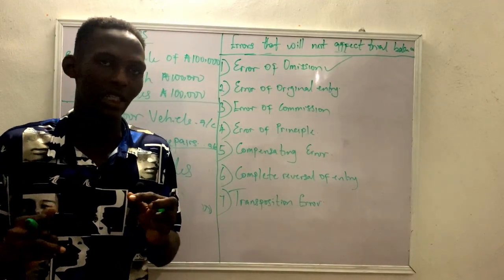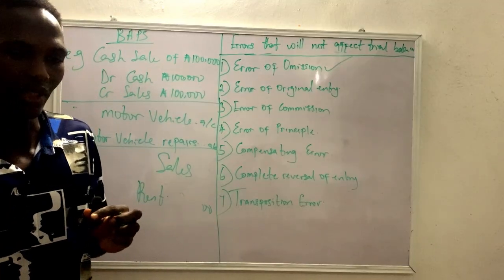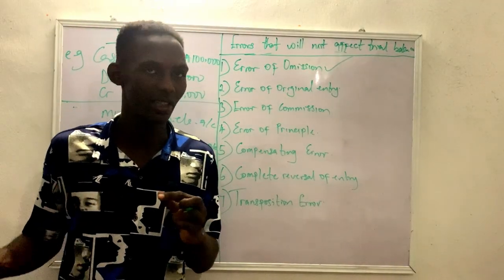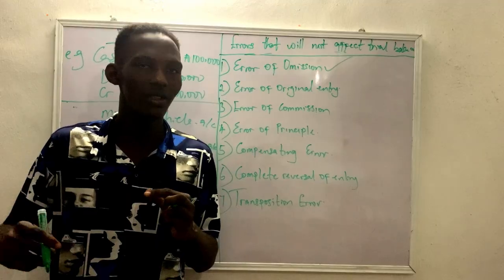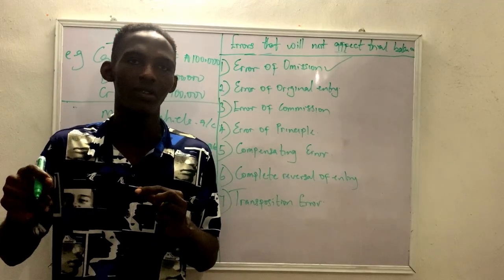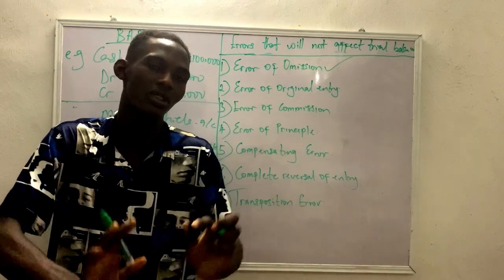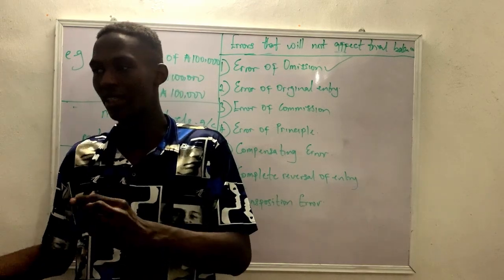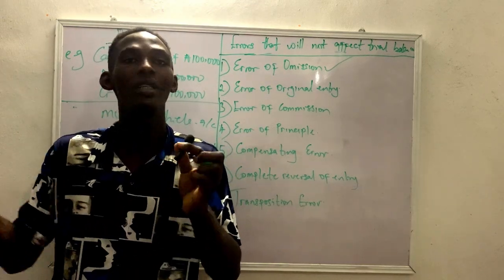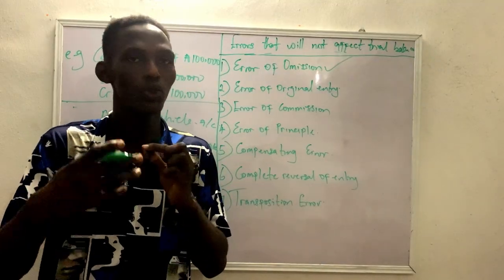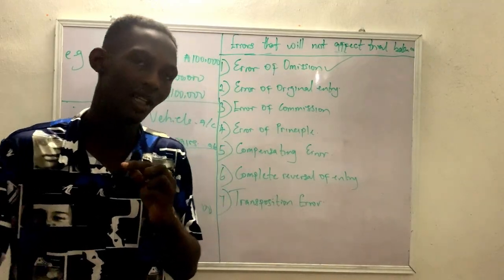For example, if you see something like rent undercast, what's rent? Rent is an expense. So you are meant to record rent normally on the debit side, so it will remain there because it is an undercast. You are supposed to charge a certain amount, so you charge less, which means you are going to be adding back to it anyway. So it is going to be on the debit side.